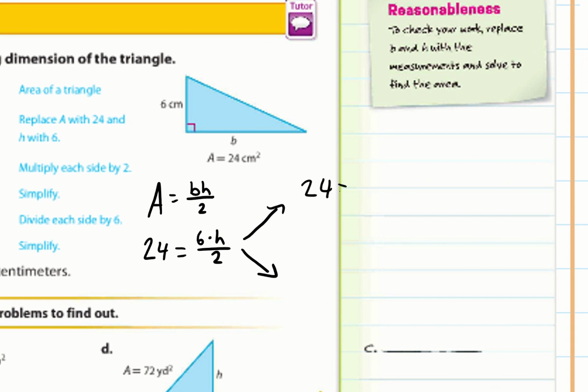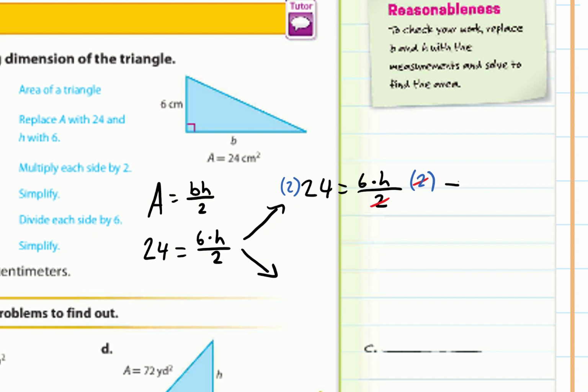So the first method is more of step-by-step inverse operations. I can get rid of this 2 because I need to get h by itself on one side of the equal sign. To get rid of the 2, since we're dividing by 2, I can multiply by 2 on each side. So these 2 are going to cancel.